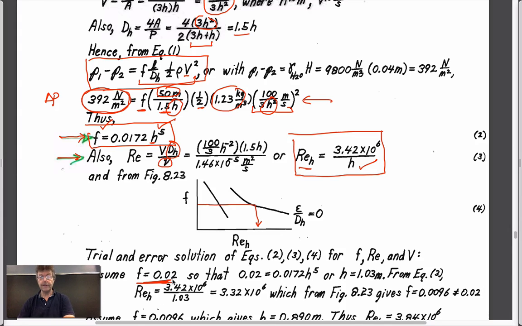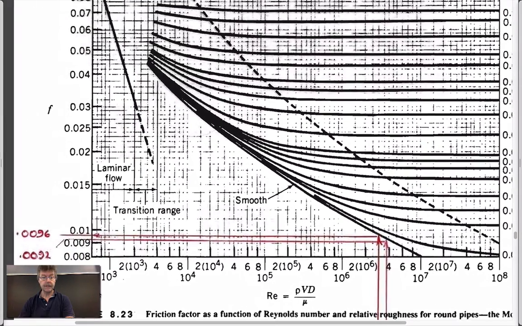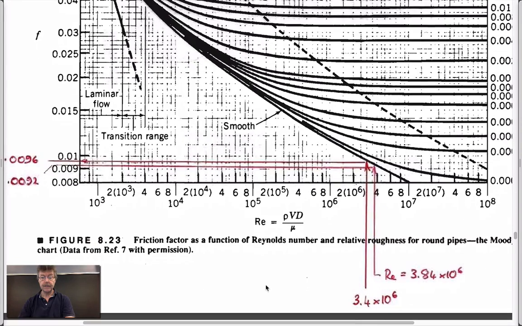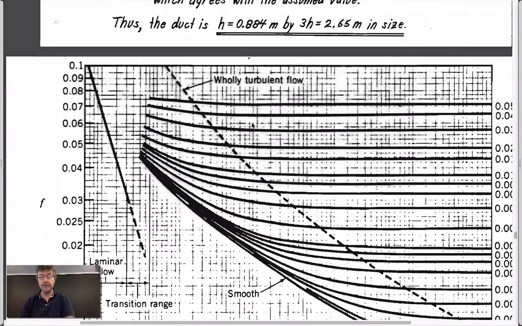And so if we do that, a friction factor of 0.02 gives us a Reynolds number of 3.2 times 10 to the minus 6.